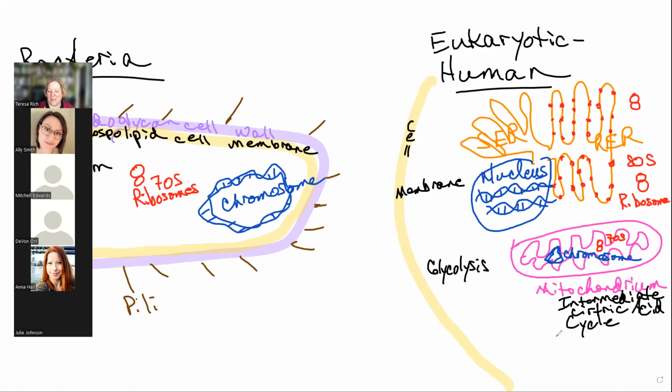The Krebs cycle makes it. Okay, the Krebs cycle, the citric acid cycle makes a whole bunch of NADH and FADH2, and we send that to what to get more energy out of it?